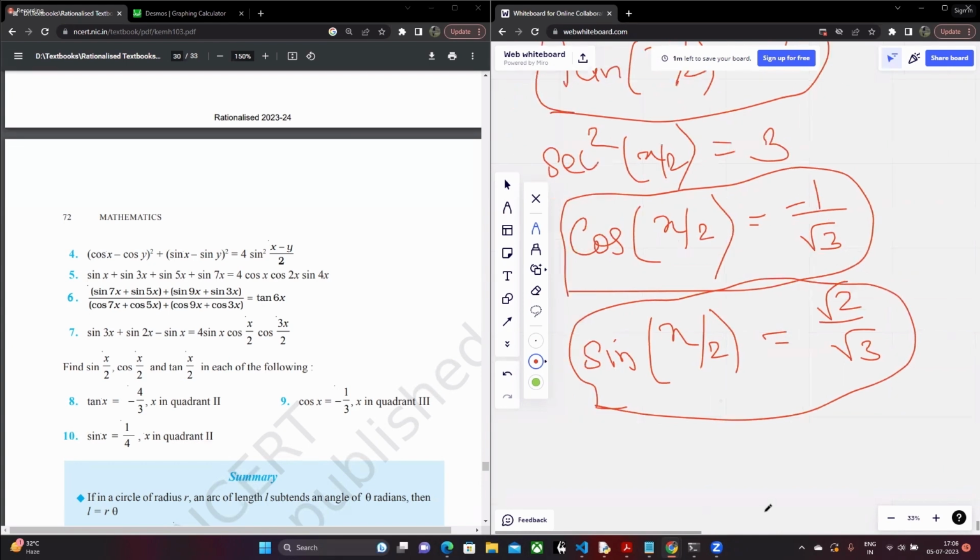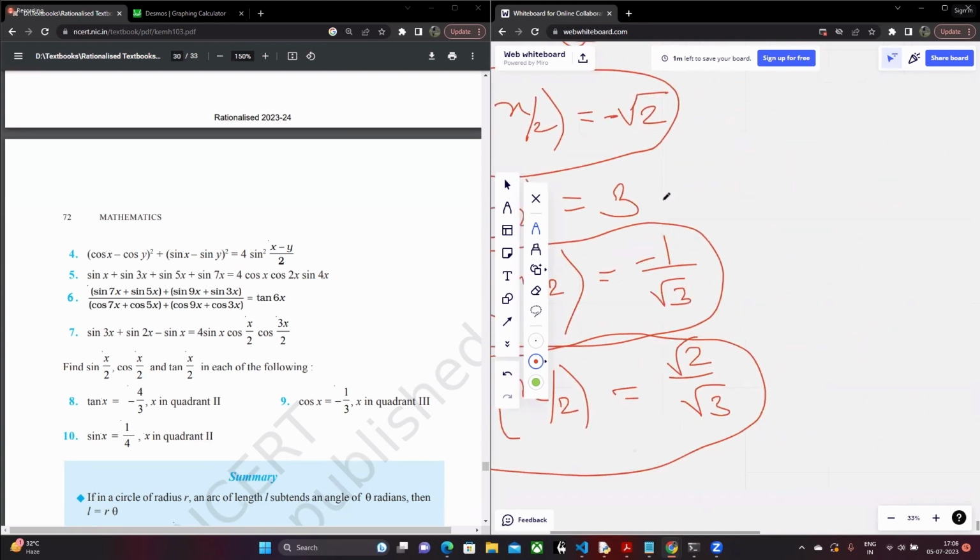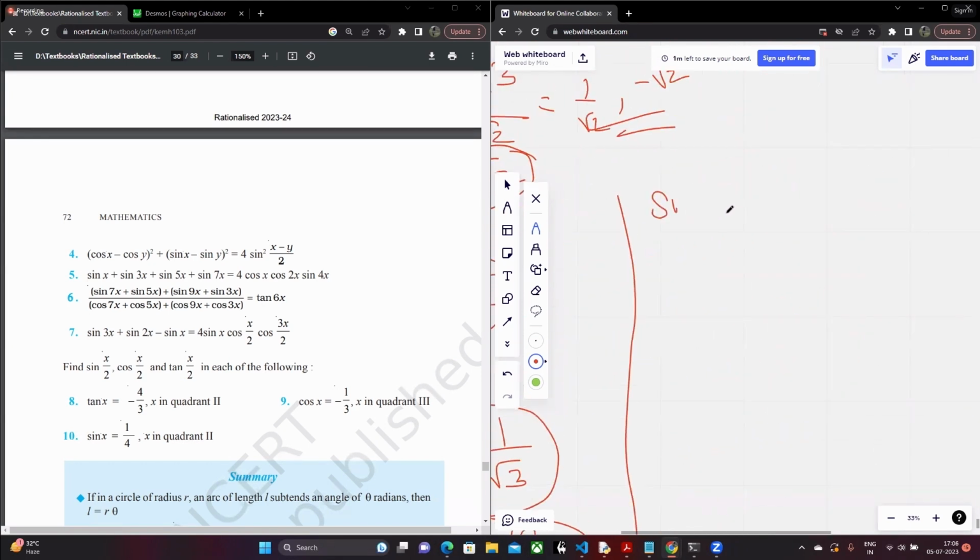3. Right? Therefore, I'll write the three expressions here. Sine of x by 2 is equal to square root of 2 by 3. Cos of x by 2 is equal to minus 1 by square root 3.